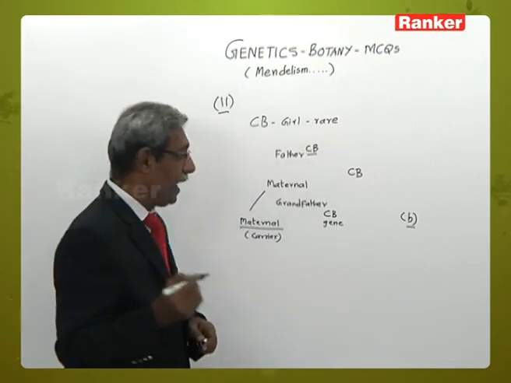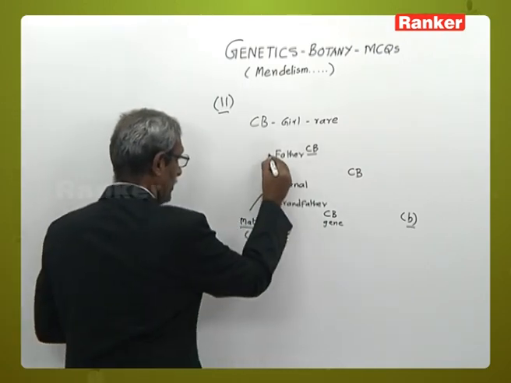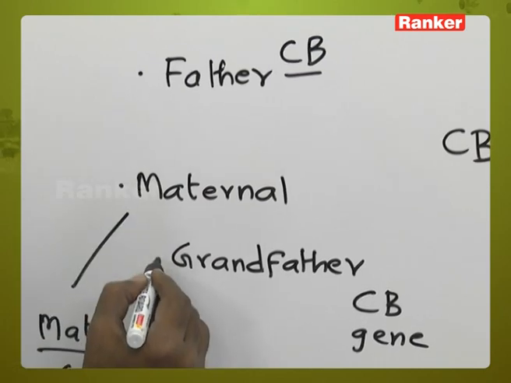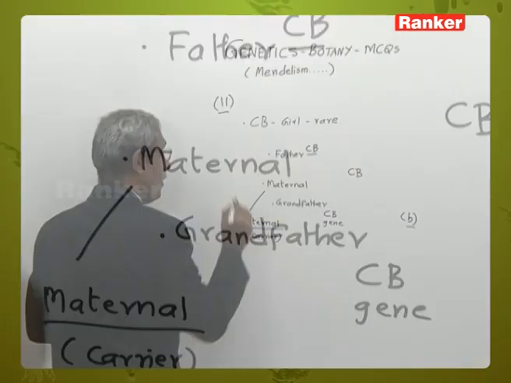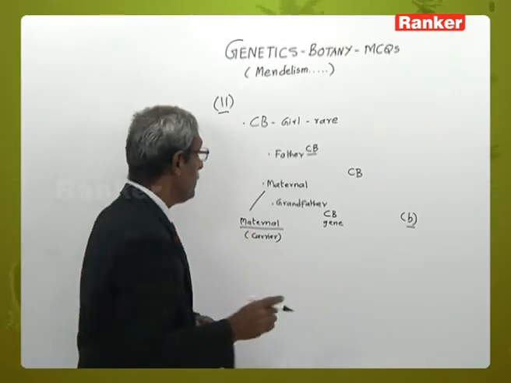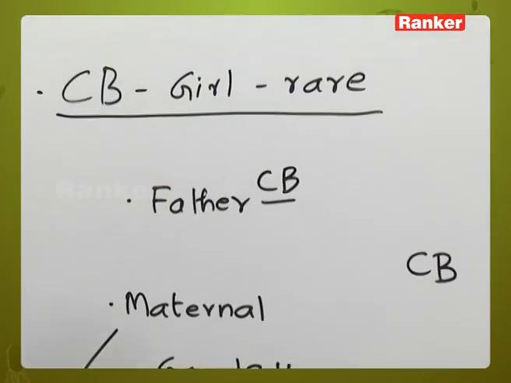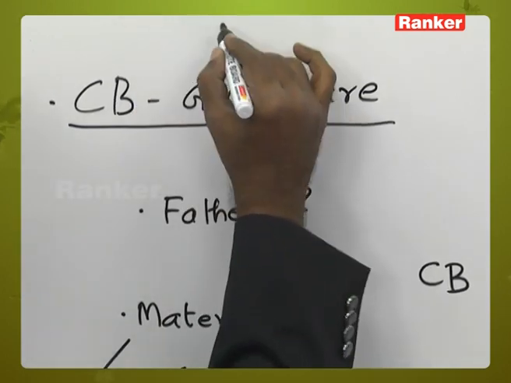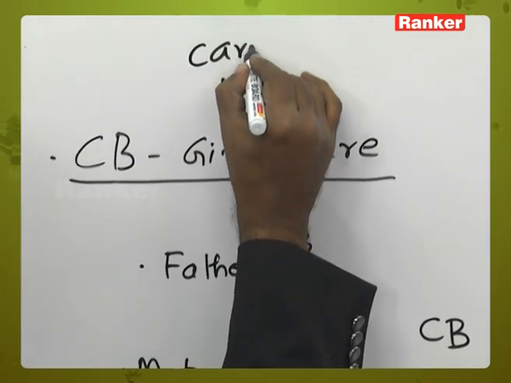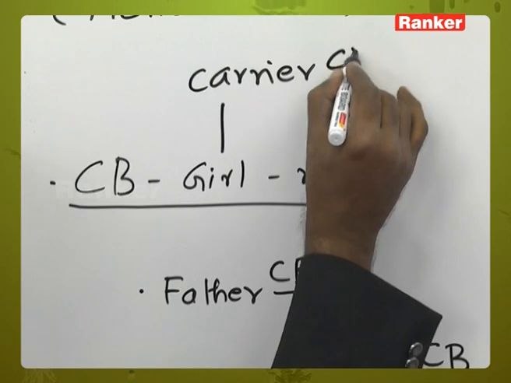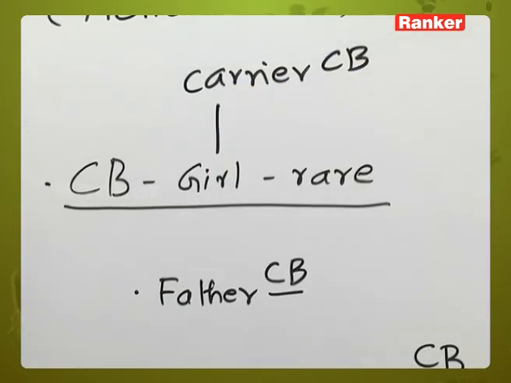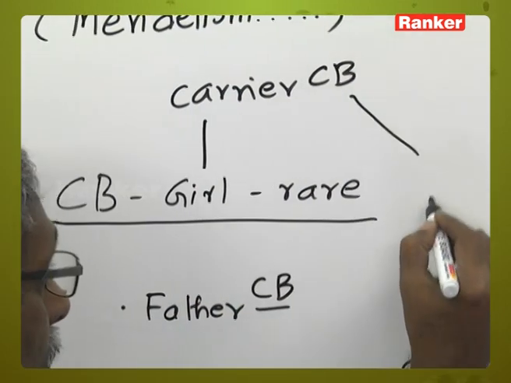Though phenotypically, whether it is the father or the mother or the grandfather or the girl, they all are similar, whereas the chances of a colorblind girl is extremely rare, predominantly because the girl is a carrier of colorblindness, and she inherits the character of colorblindness from her mother.